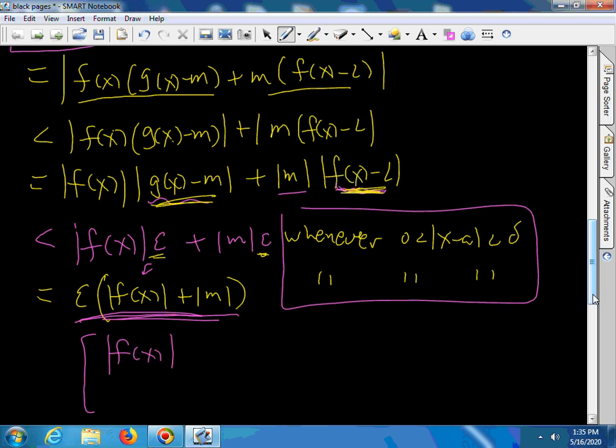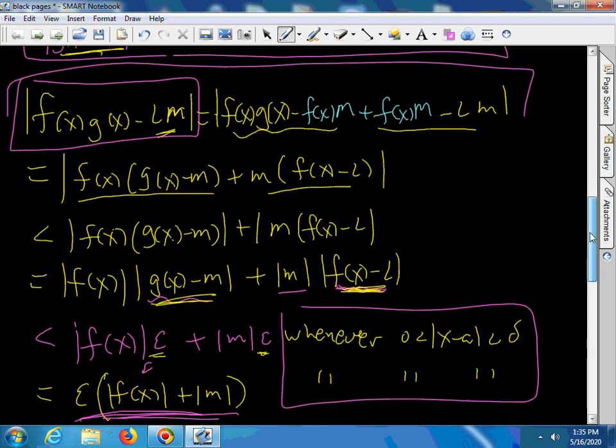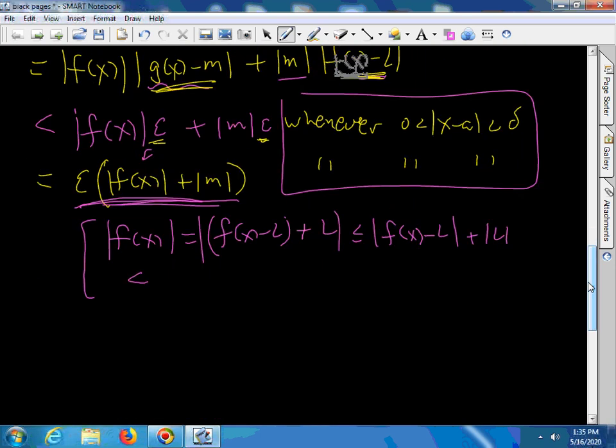f of x in absolute value is equal to f of x minus L plus L in absolute value. But that's less than or equal to the absolute value of f of x minus L plus the absolute value of L. But this is less than epsilon plus the absolute value of L whenever x minus a is positive and in absolute value is less than delta.